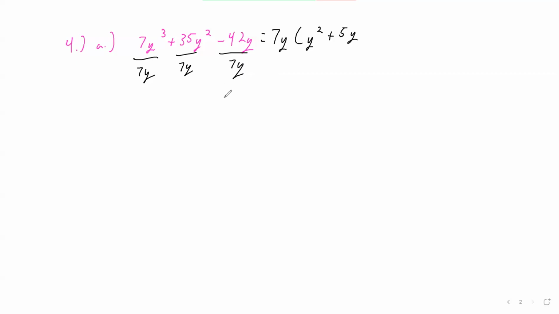Those are y's. Sorry. So 2 take away 1, I only have 1 left. Just like over here, 3 take away 1, I only have 2 left. And then -6. Good. No y's because the y's would have canceled.